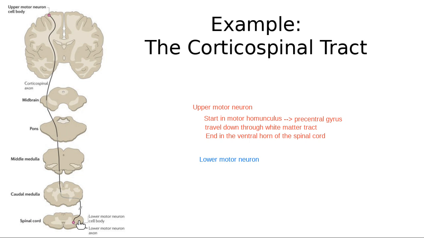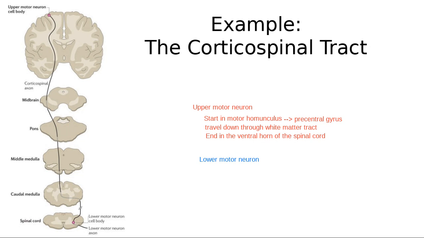Who lives in the ventral horn of the spinal cord? Yeah, Nicole is totally right. When we're in the ventral horn or the lateral horn, we're talking about a motor neuron. In particular, when we are in the ventral horn of the spinal cord, we're doing what is called a somatic motor neuron.